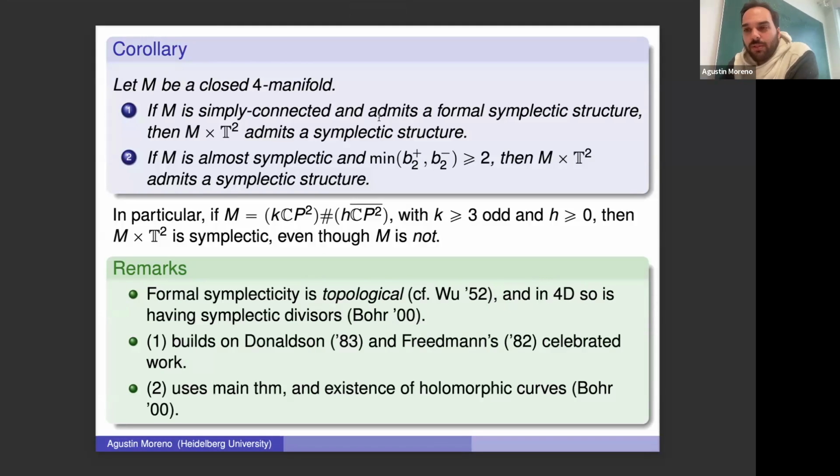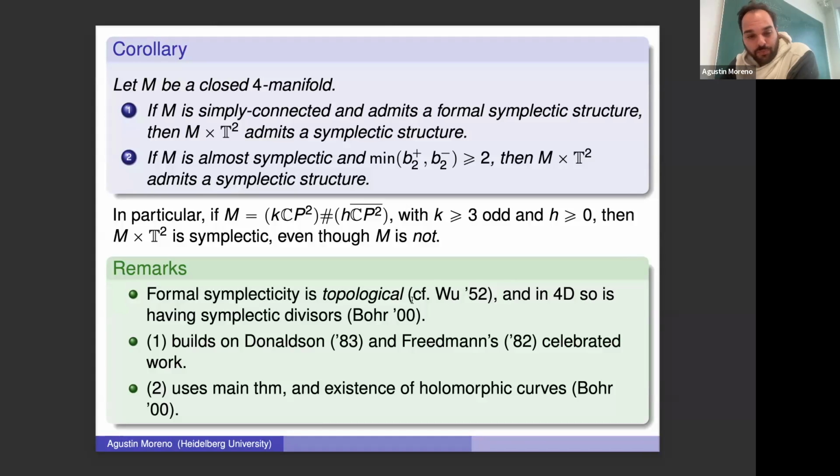So this is a low-dimensional statement in some sense, from dimension 4 to dimension 6, but we really use the heavy four-dimensional techniques. So the first observation is that at least in dimension 4, formal symplecticity is purely topological. This is an old result by Wu from the 50s that tells you that the existence of a formal symplectic structure only depends on the homeomorphism type of the manifold.